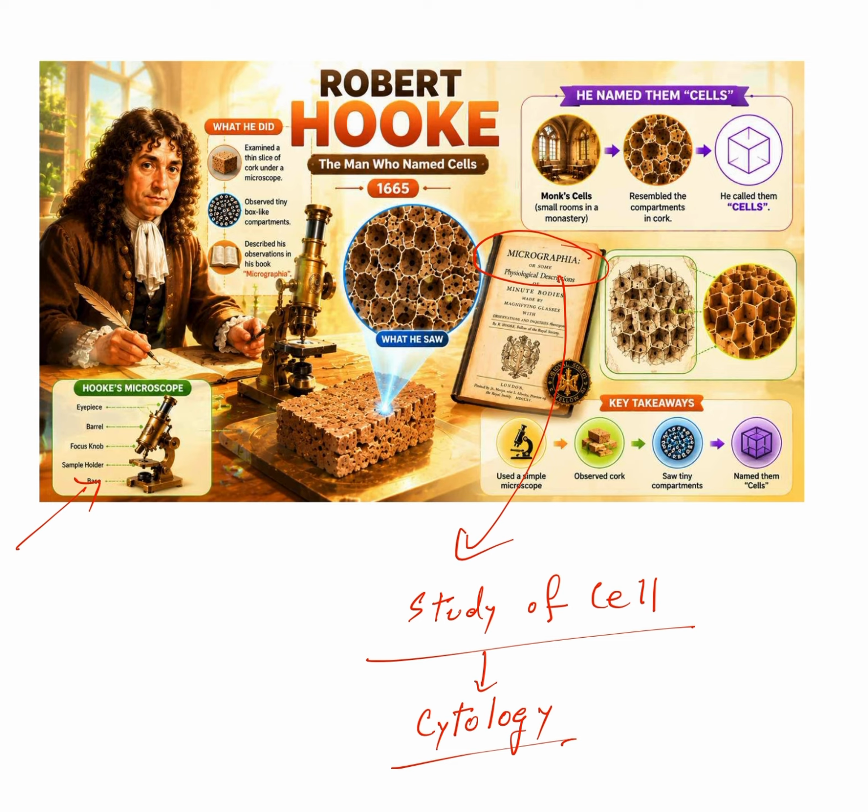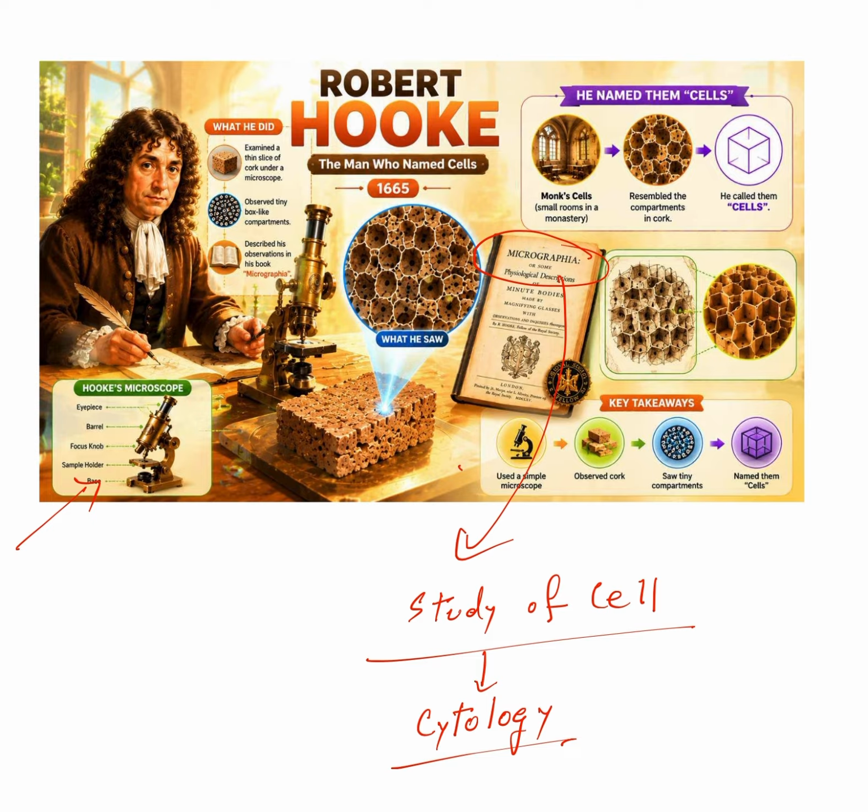He is the first person to use the word cell because he saw some empty box-like structures and he compared them with the empty rooms in the monasteries where the monks used to live. Right? So obviously it is important.